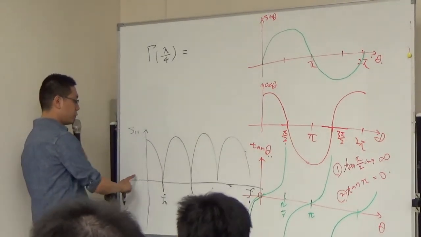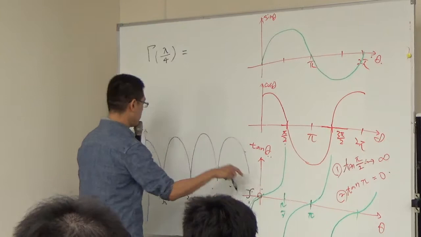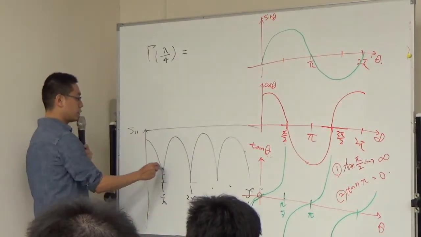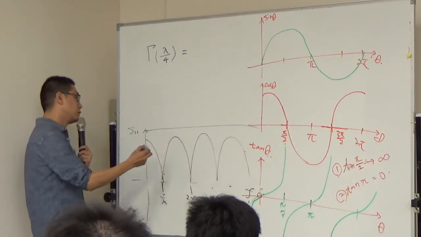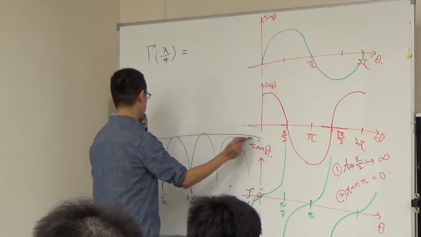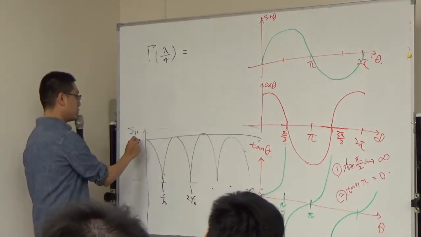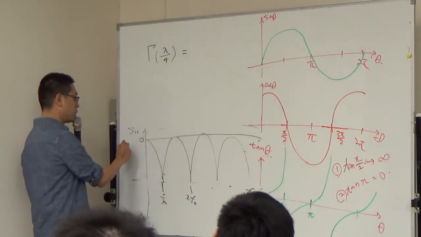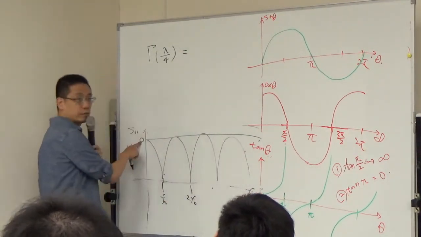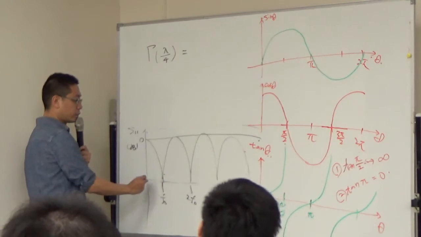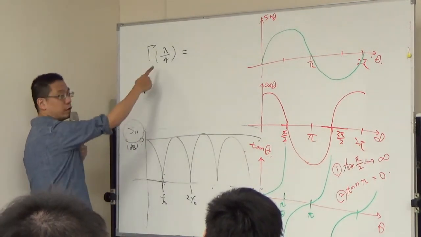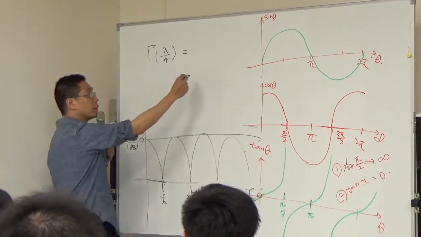And maybe 0 is not here. 0 is up. Then this is 1. This is 0, 0 dB. Do you want to try? What's this?